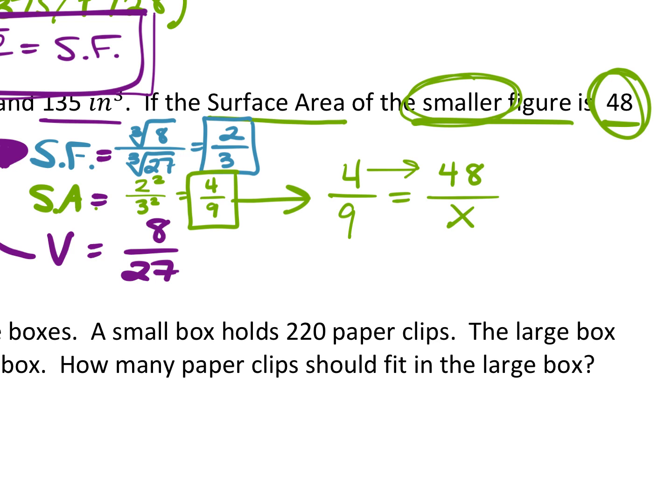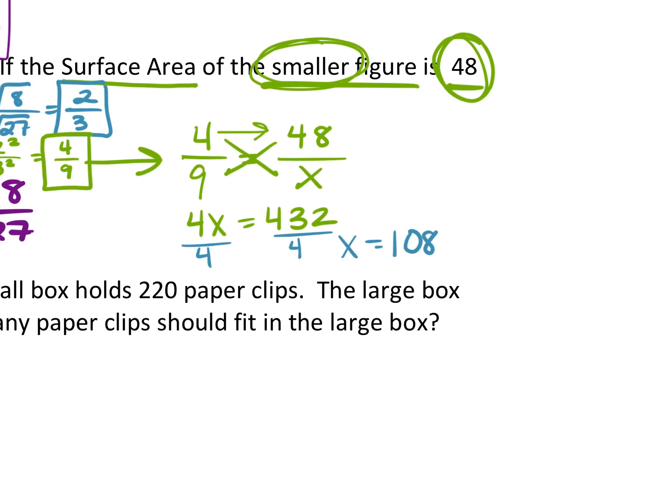So I put an x down here, and now I cross multiply. 4x equals 432, and then I'm going to divide by 4. So x is 108 what? Square inches. This is a surface area, right? So inches squared.